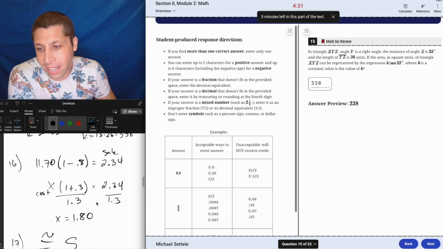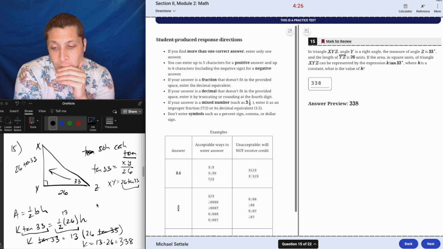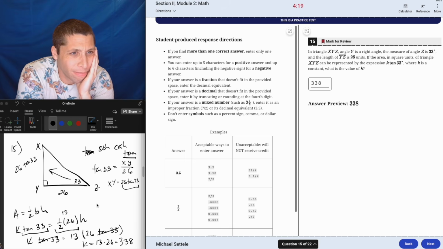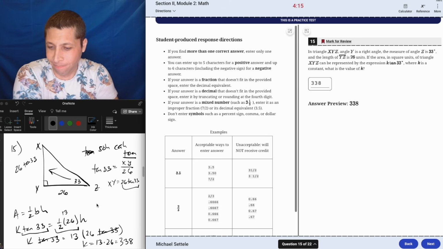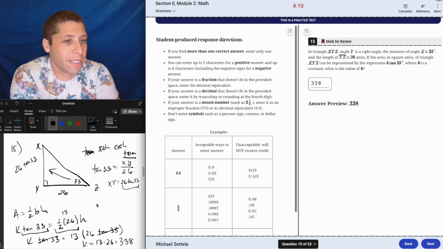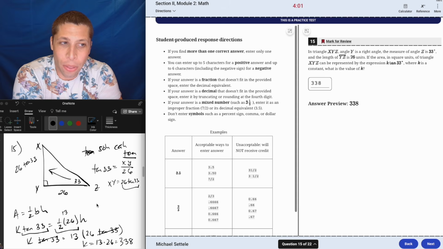This is the only one that's like breaking my brain a little bit. What would I do differently here? I mean, I feel like I already solved it. Yeah, I don't know what else I could do to check that, right? Because I'm getting the side is 338 tan. No, that's the area.